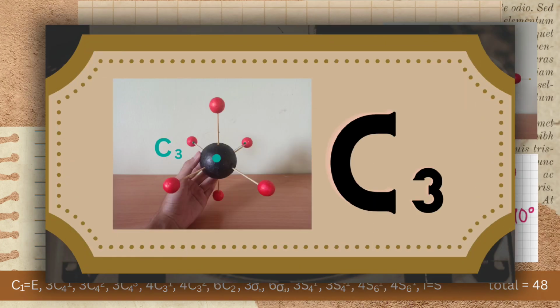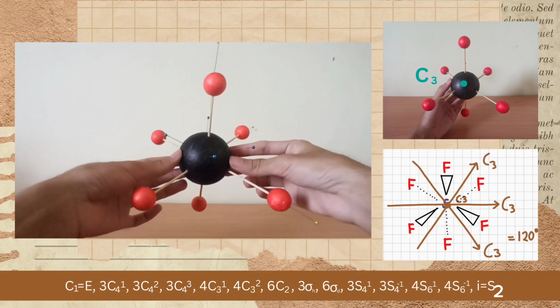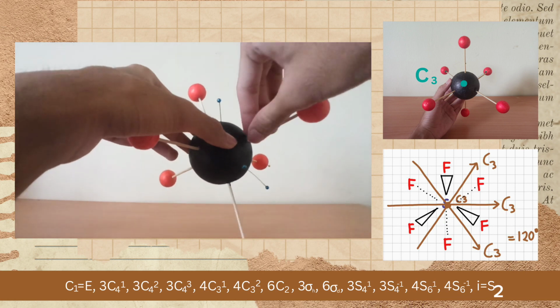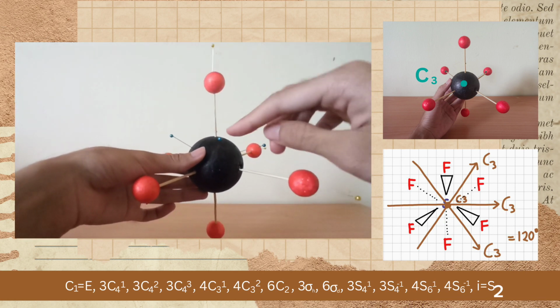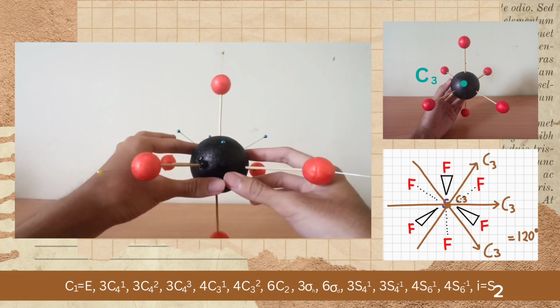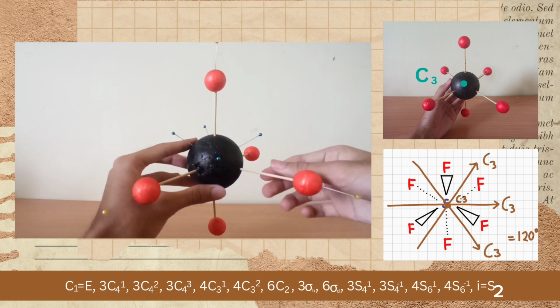Now, let's move on to the C3. C3 exists when the molecule rotates at 120 degrees about the axis. In this sulfur hexafluoride molecule, we have 4 C3. From this view, one C3 is passing through the sulfur atom from the middle, and then the other 3 can also be observed from different views.